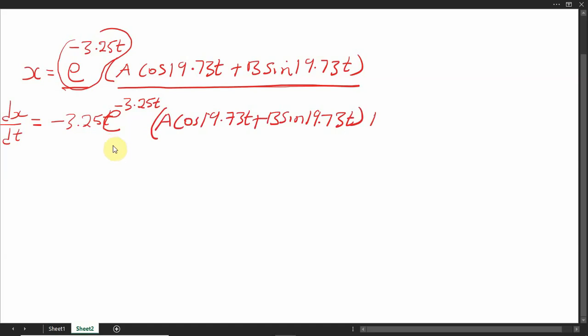Then plus, we maintain the first one, e raised to negative 3.25t, and then differentiate the second component, which is a cos 19.73t plus b sine 19.73t.